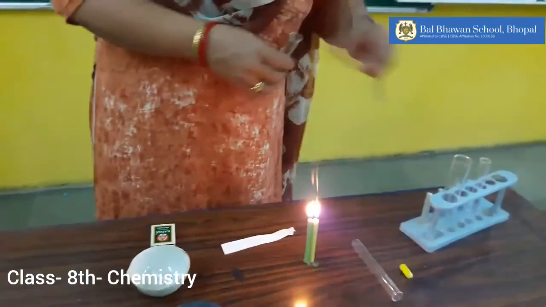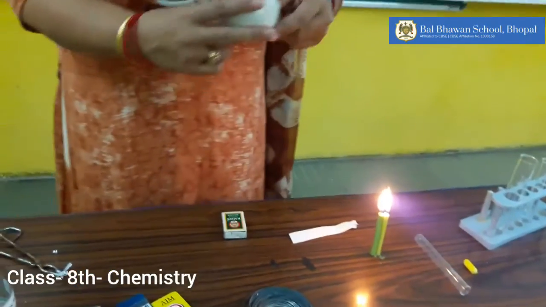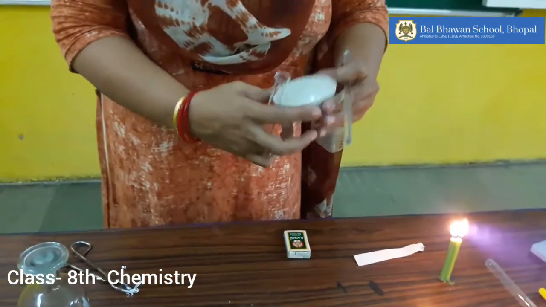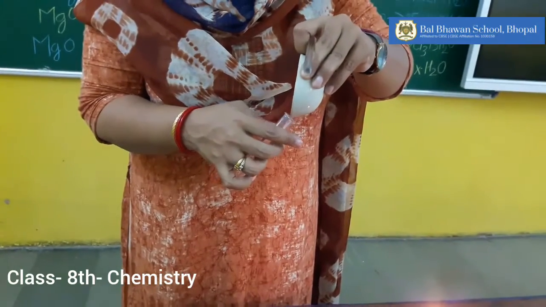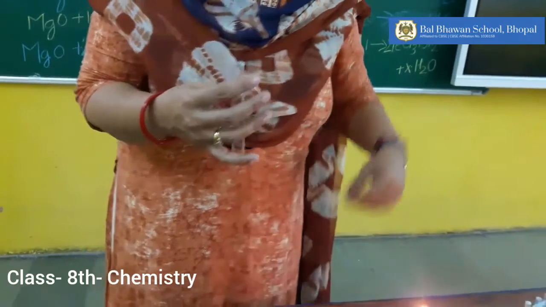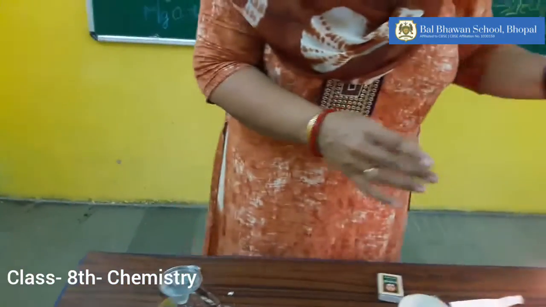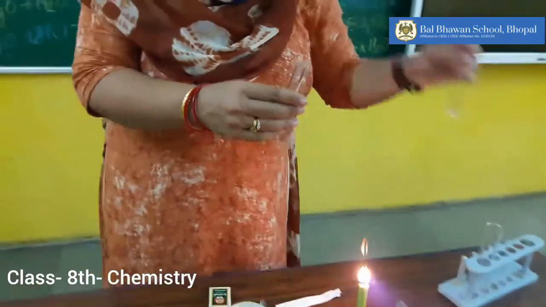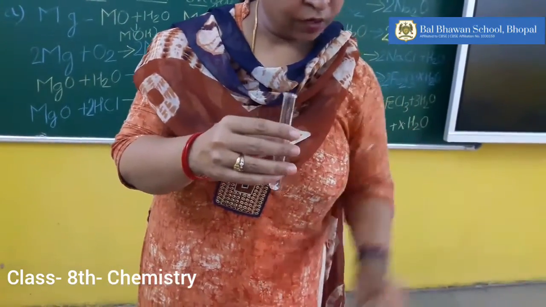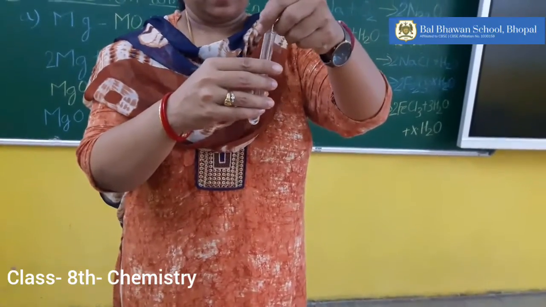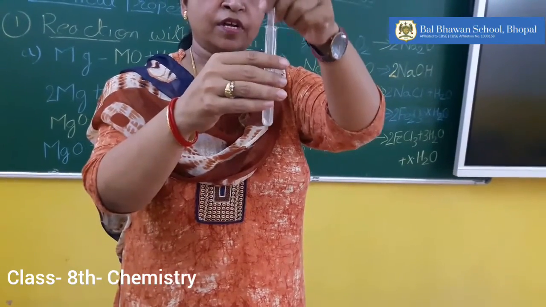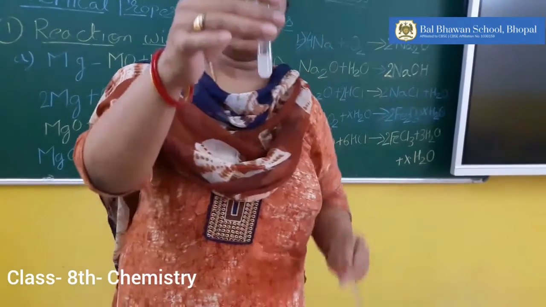In one test tube, I will place a small amount of this and pour water into it, and I will try to stir it, but it does not get completely dissolved in water.